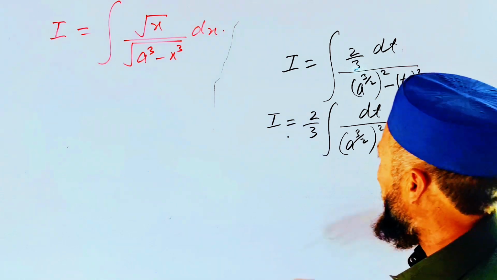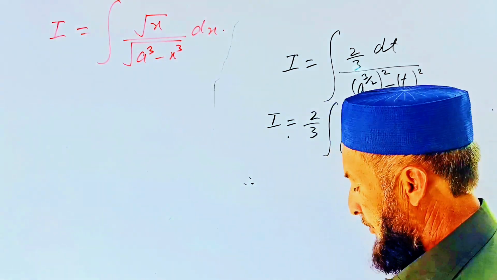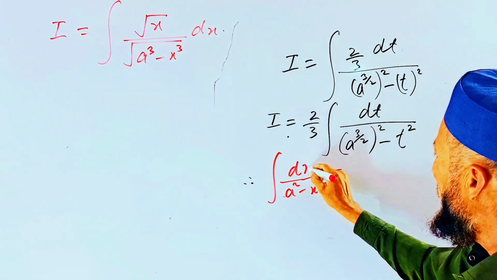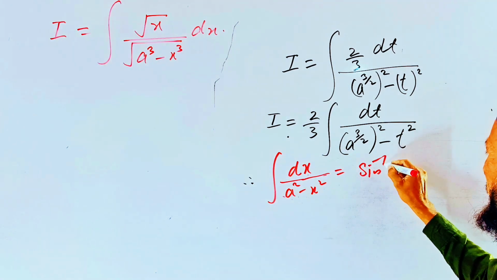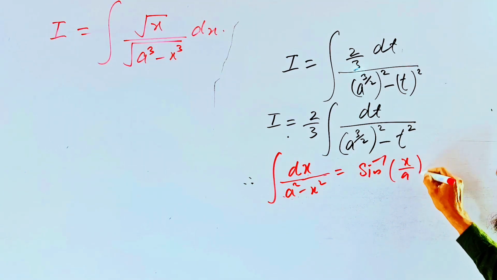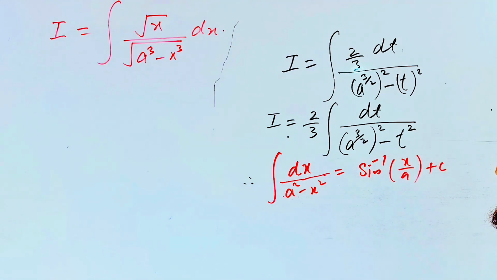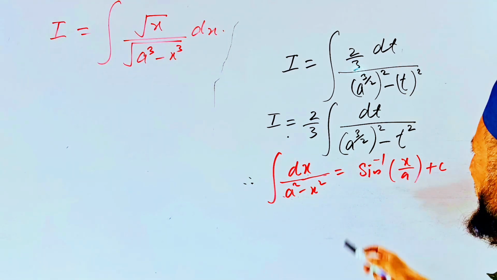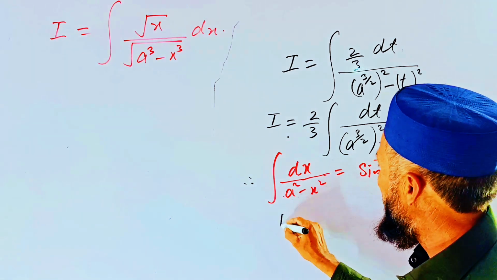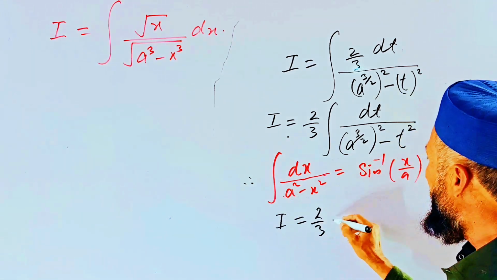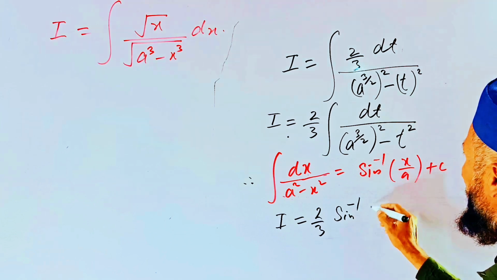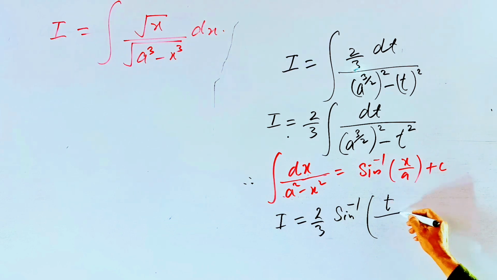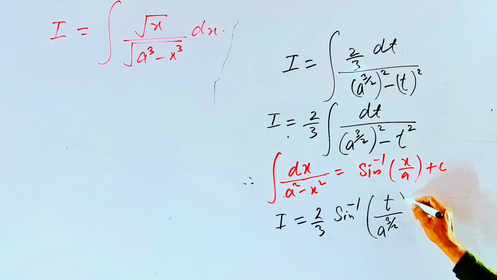According to the integration formula, we have the formula: integral of dx over root of a square minus x square is equal to sine inverse of x by a plus c. According to this formula we can write this term: I is equal to 2/3 sine inverse of t divided by a^(3/2) plus c.